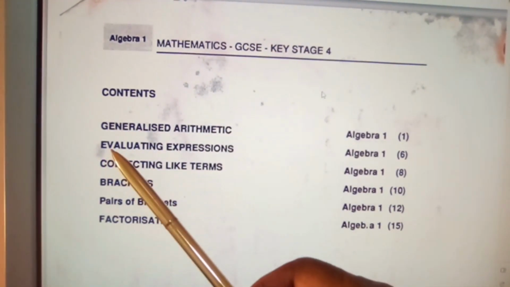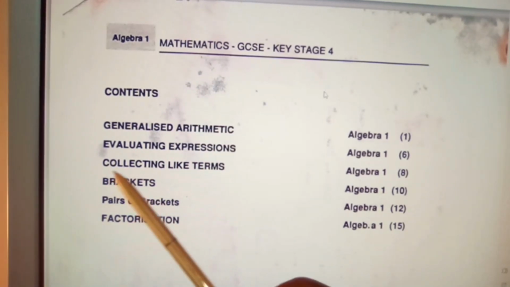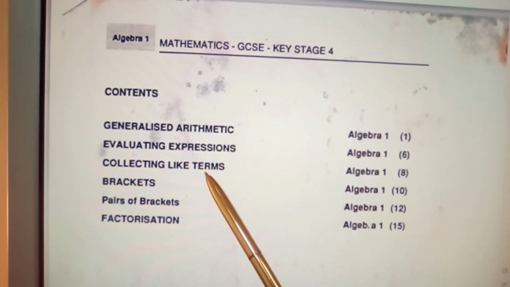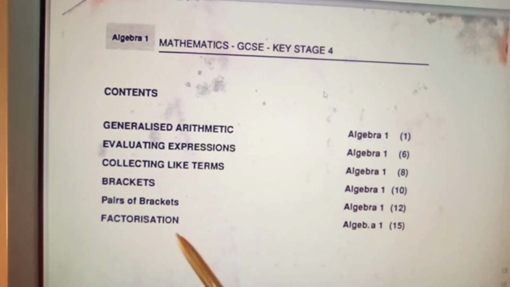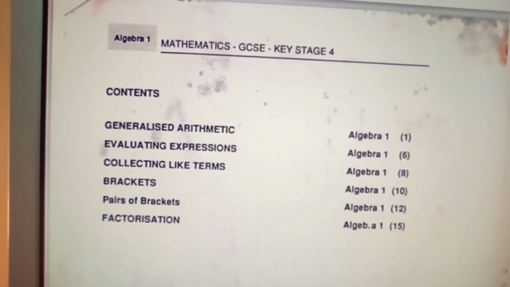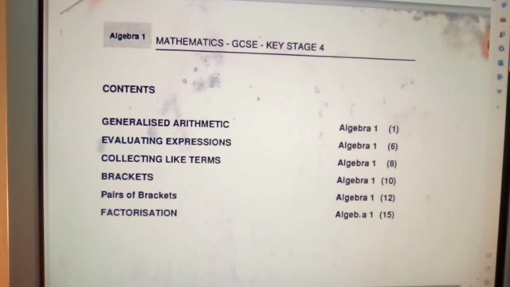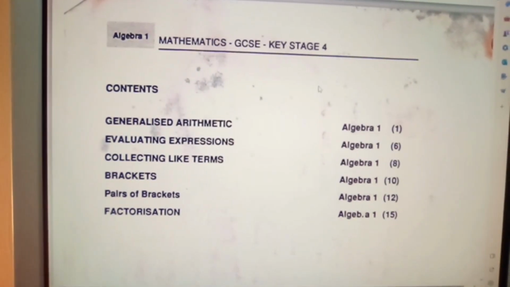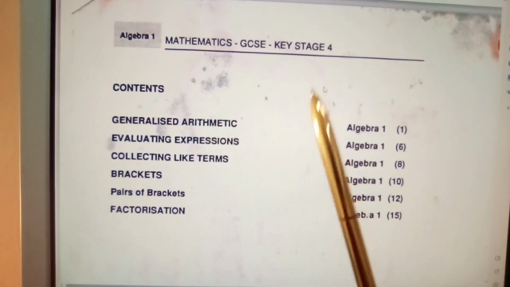Now the contents we're going to look at is generalized arithmetic, evaluating expressions, collecting like terms, brackets, pairs of brackets, and factorization, okay. Now it's important that in each of these cases, you write out information for yourself. Make it your own.